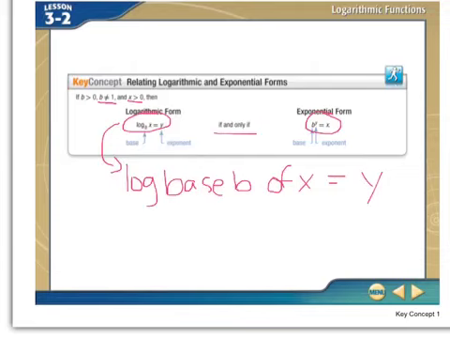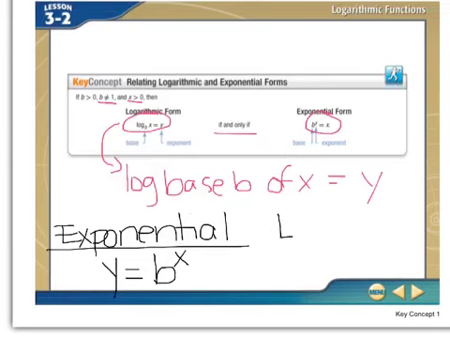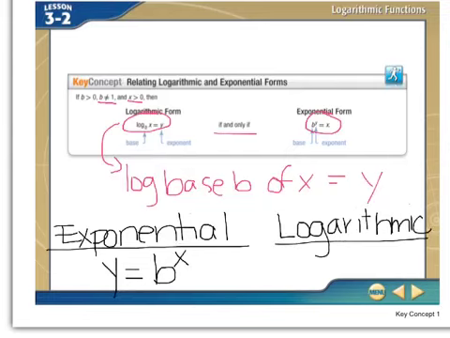The reason why this all happens is we just discussed on the last slide that an exponential function and a logarithmic function are inverses of each other. If you remember, the general equation for an exponential function is y equals b raised to the x. A logarithmic function, written as an exponential function, is going to look like x equals b to the y.